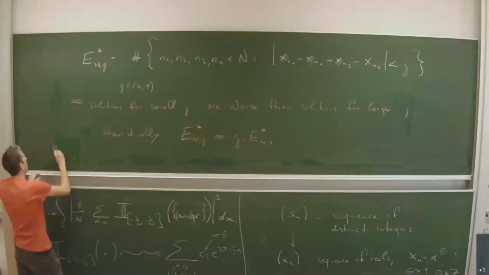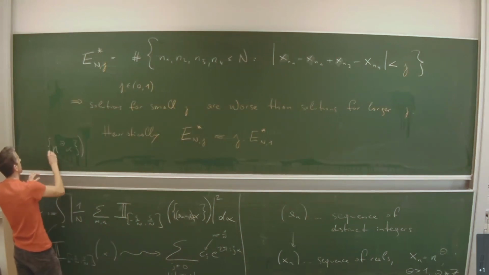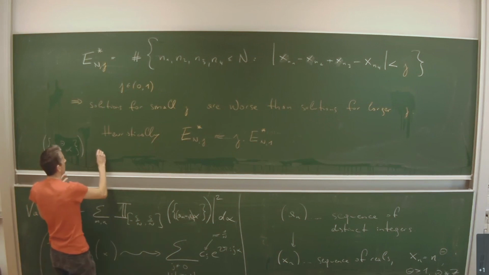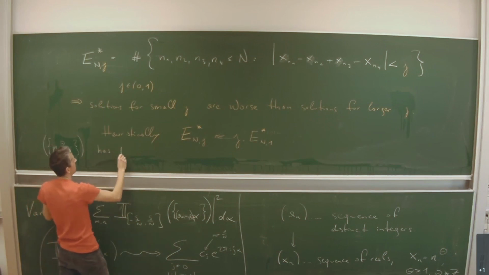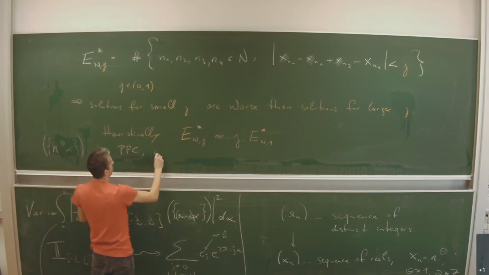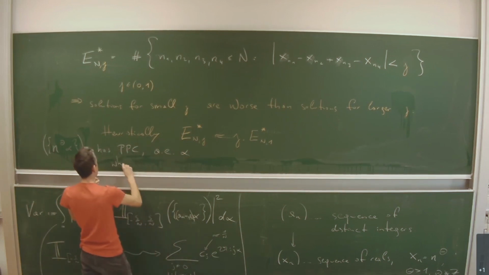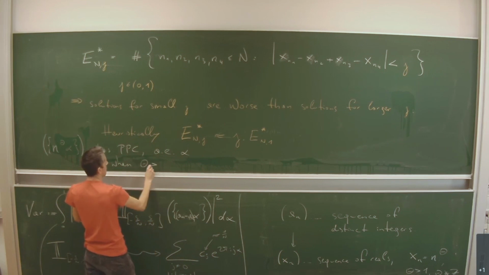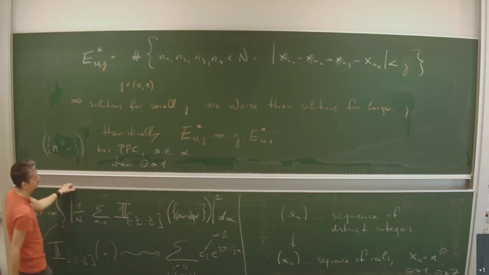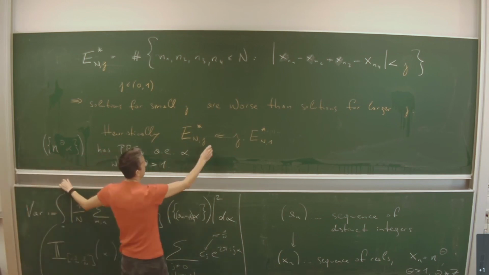Consider n to the theta times alpha, fractional parts of this. It has Poissonian percolation for almost all alpha when theta is bigger than 1. This is established in my most recent paper with Daniel Elbaz and Mark Münch.